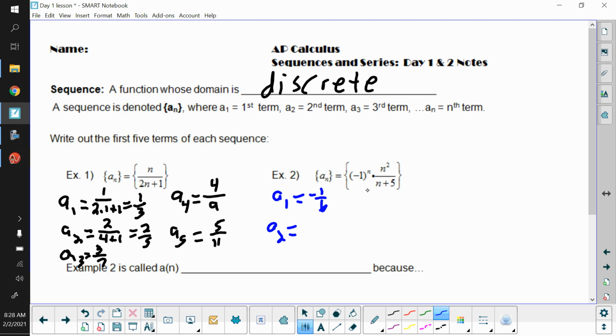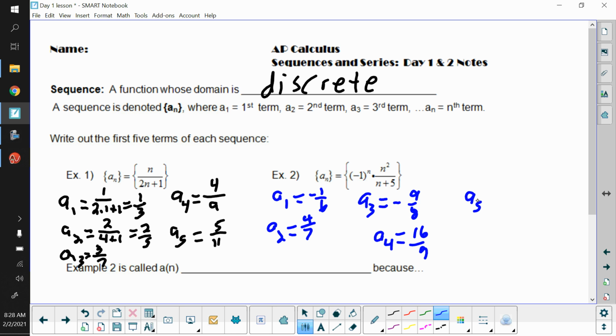For a2, we know this one will be positive because the negative is raised to an even. 2 squared is 4, 2 plus 5 is 7, so we get positive 4/7. a3, we're going to have a negative, and we'll have 9/8. a4, we'll have a positive, and we'll have 16/9.